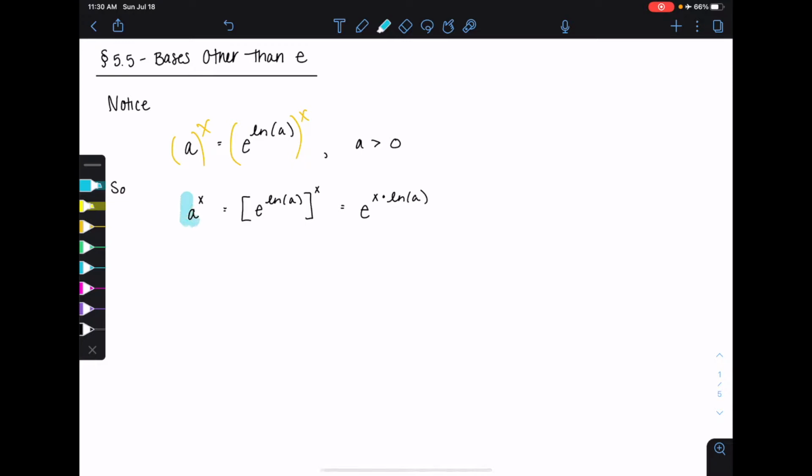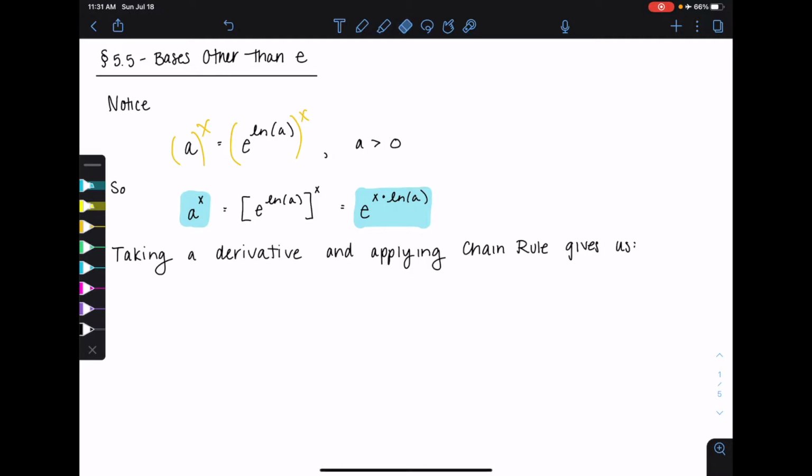So we're going to utilize this rewriting of the function a to the x and our knowledge about the derivative of e to the x to find derivatives for bases other than e. Okay? So now a to the x is e to the x natural log of a, and we're going to take a derivative and apply chain rule to see what the derivative of a to the x is.